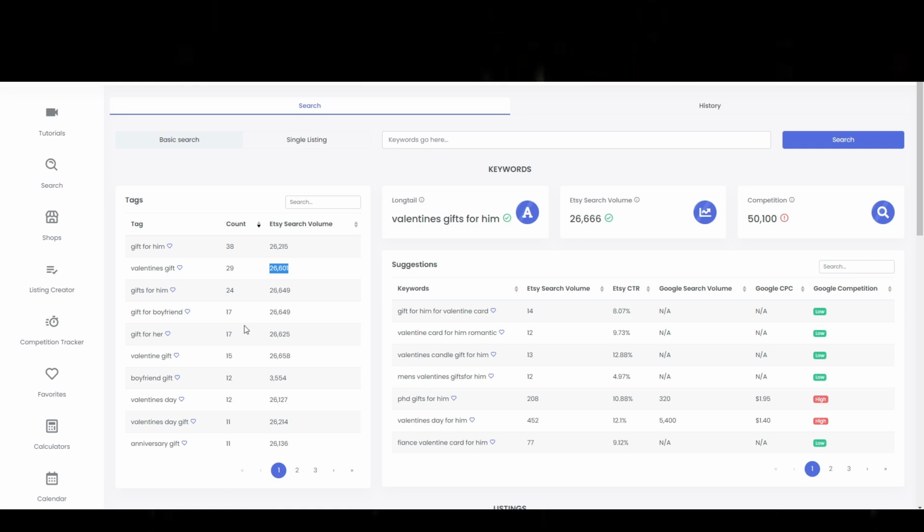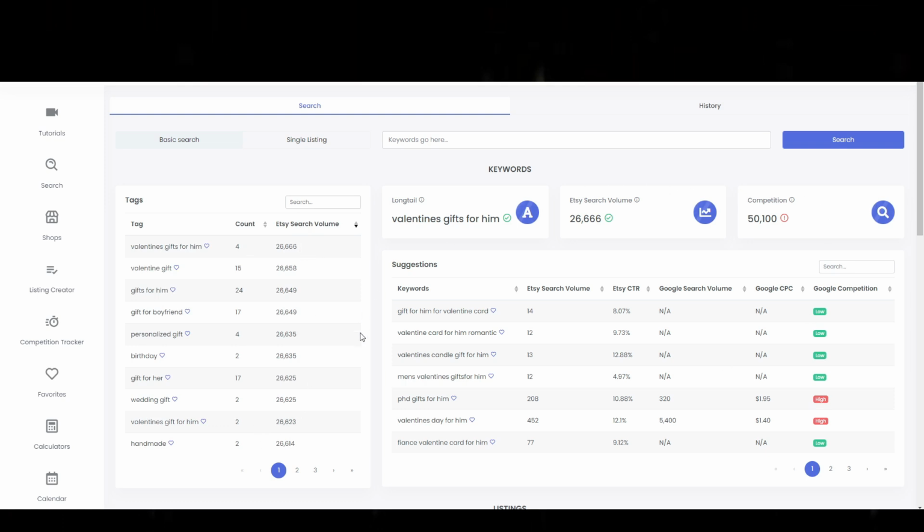The list goes on and on. We can actually cycle through these tags by count from greatest to least or from least to greatest by simply clicking on the count button. We can also sift through all these tags based on search volume, and so we can click here to show the lowest search volume, or we can click again to show us the highest search volume, okay?